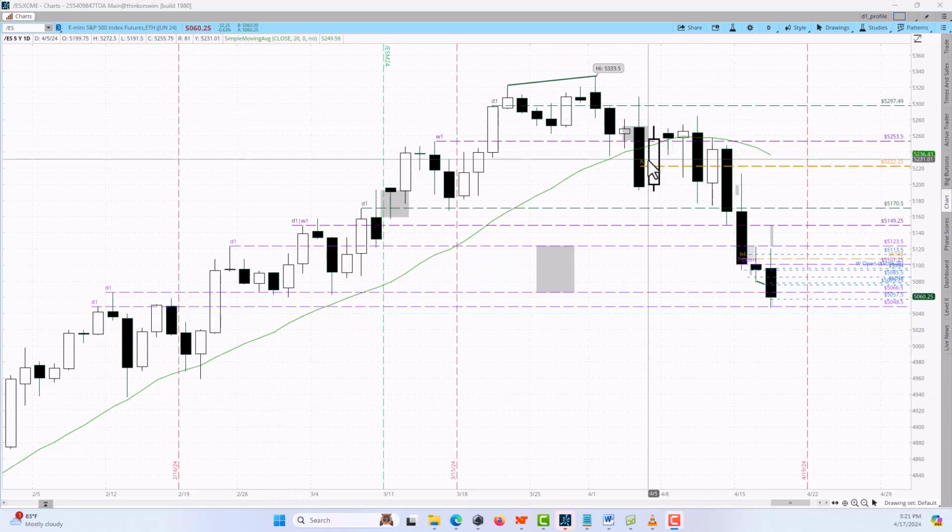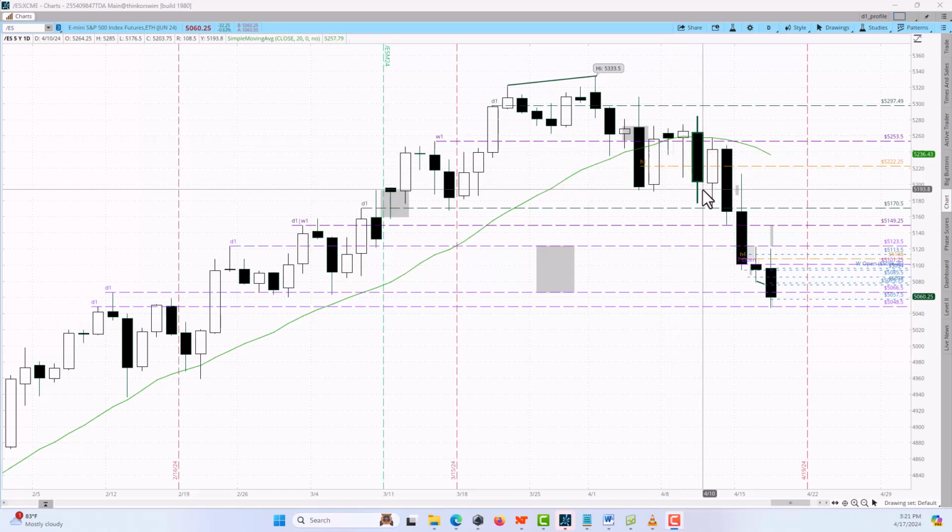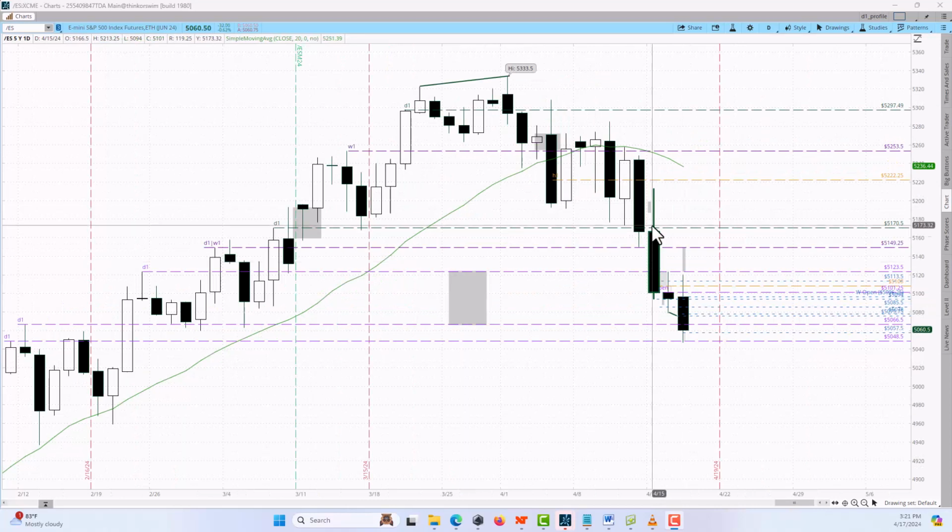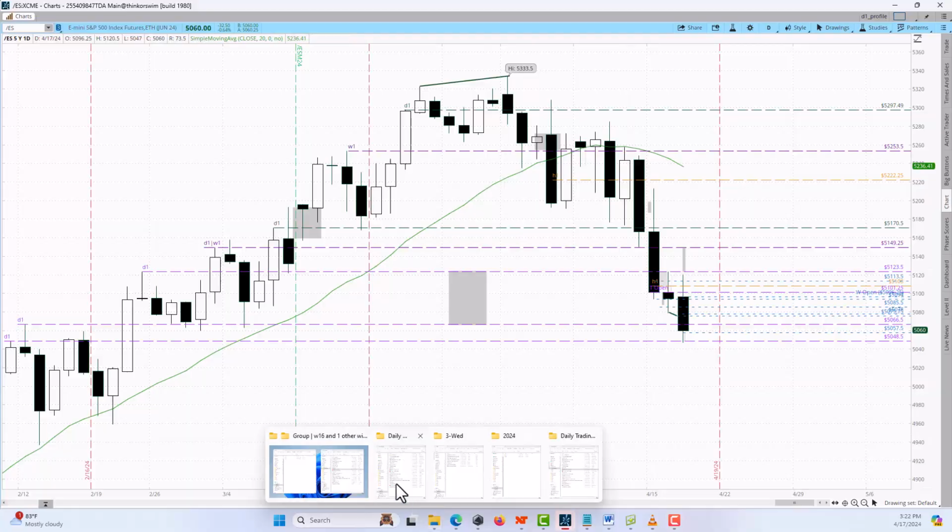On the daily, you see it break down the 20-day moving average right here. It breaks, then there's a manipulation, breaks again, manipulation, and then a huge move down. That was on Friday, not Monday, excuse me, and Monday was the follow-through. We missed that move because I had a Judas swing setup.